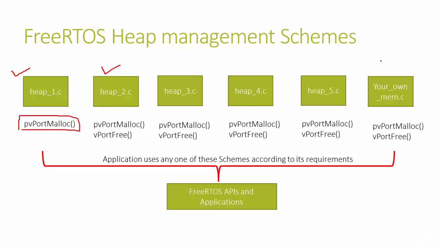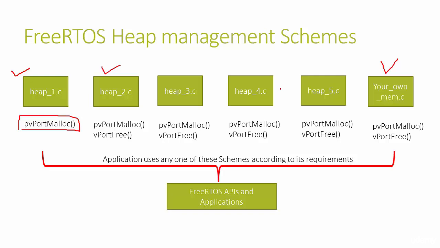Or you can even implement your own heap management implementation, to malloc and free the memory. We will discuss all these different implementations later in this course, because this is just an overview lecture. Each implementation will have at least 2 APIs: one to allocate the memory and another API to free the memory.